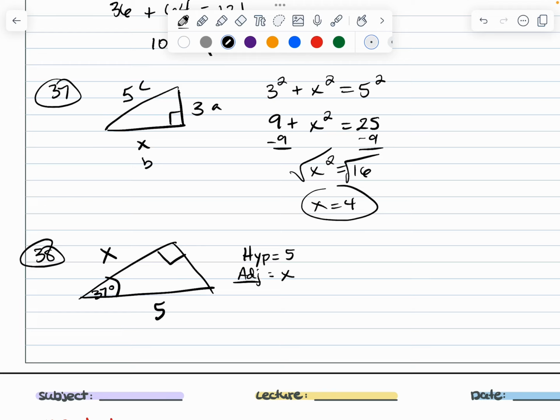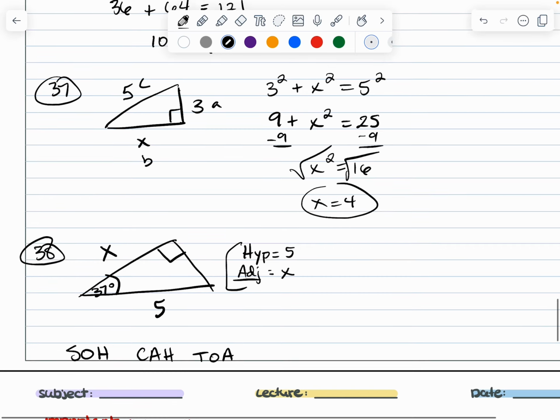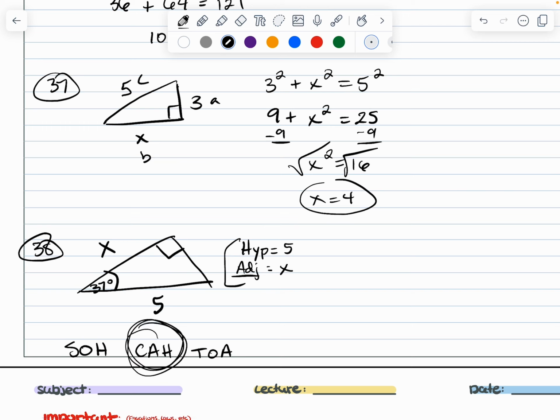We do not have the opposite side. So with our trig rules, SOHCAHTOA, we're looking for the trig ratio that deals with A and H. Okay, the only trig ratio that deals with A and H is cosine.